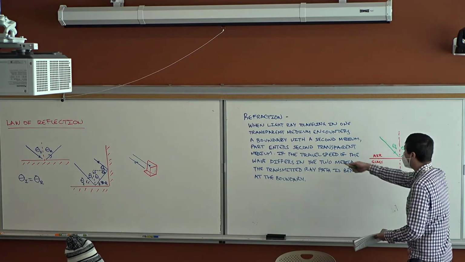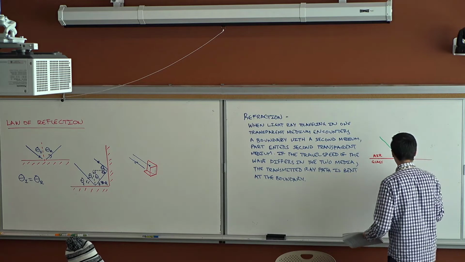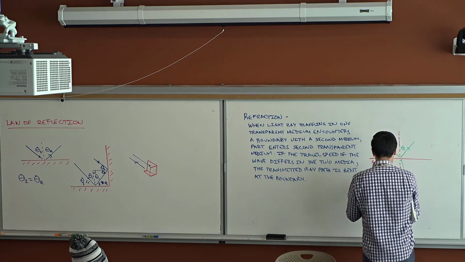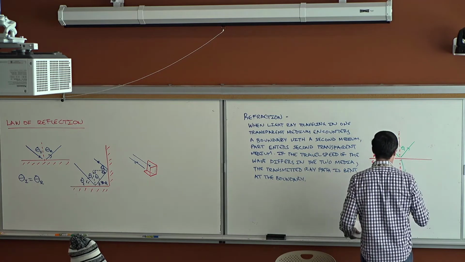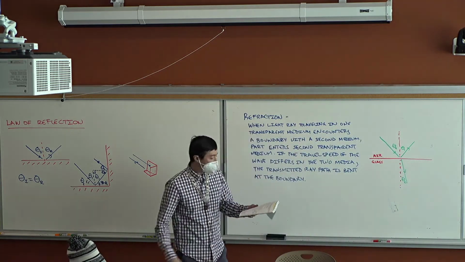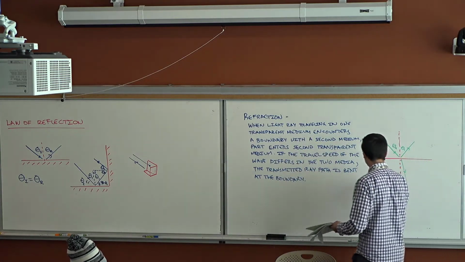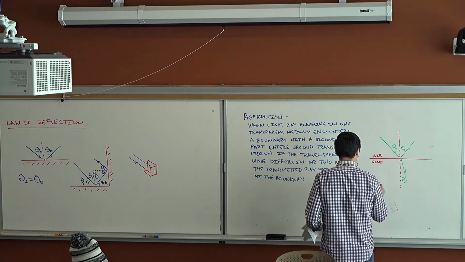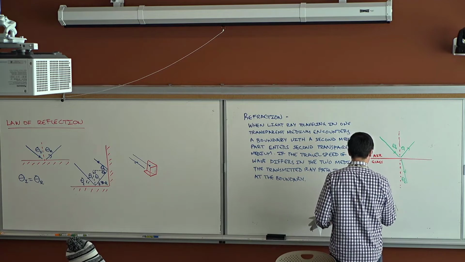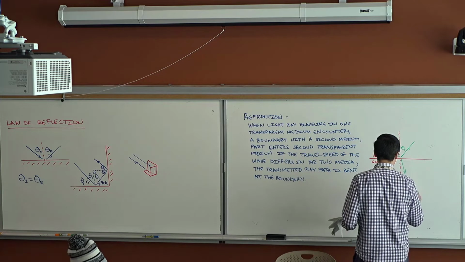But some of it is actually transmitted. And so what we find is that sine theta 2 over sine theta 1 needs to equal V2 over V1, which is some constant.